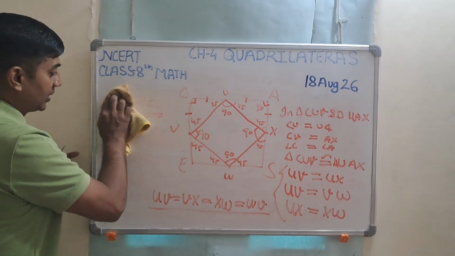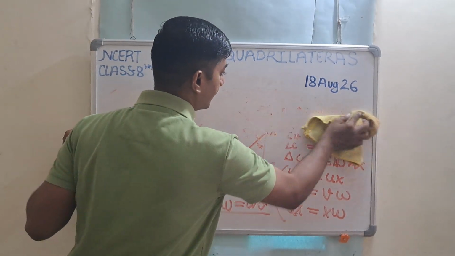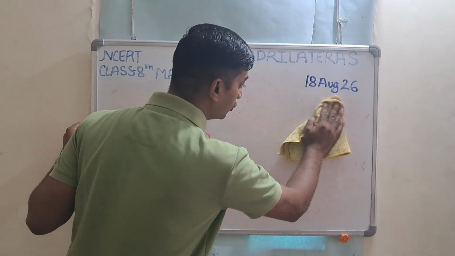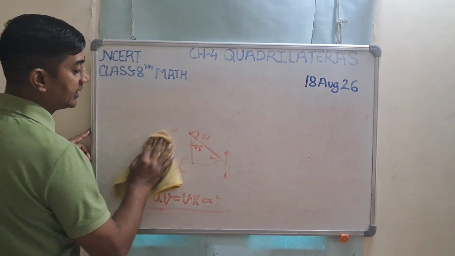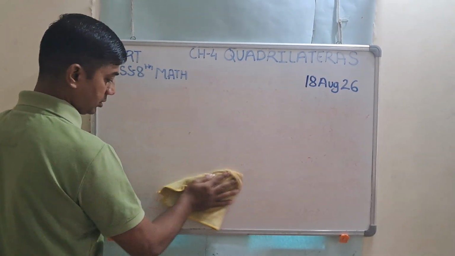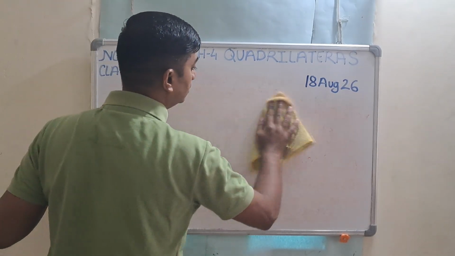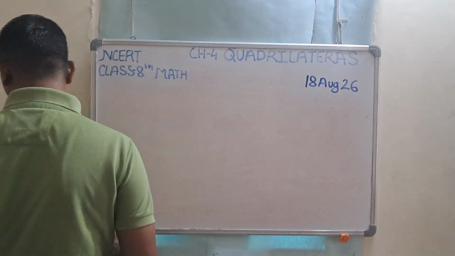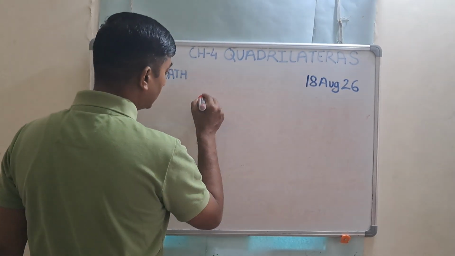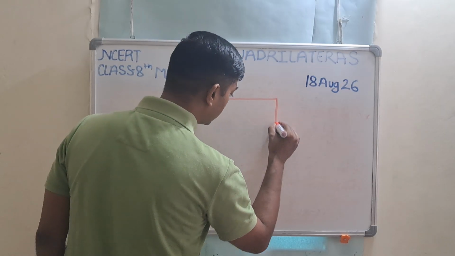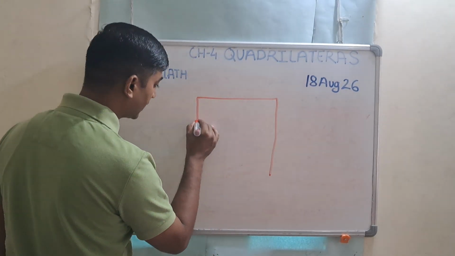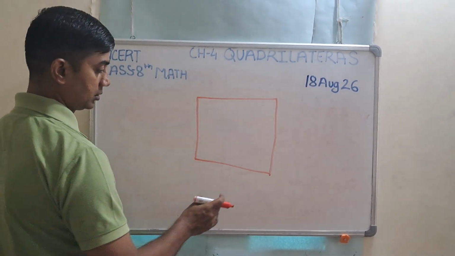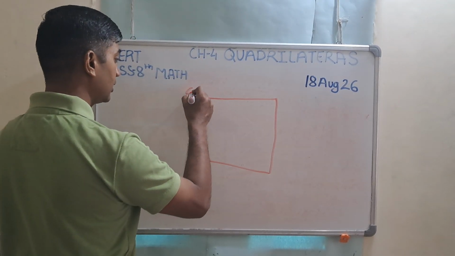Now what they have said further in this question: is there any other way to draw a square inside a square other than joining the midpoints of the sides? So this is a square, we can say.